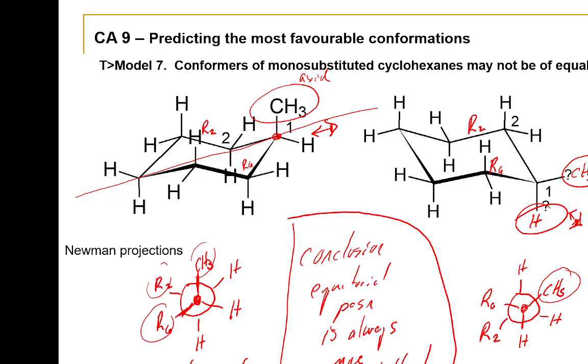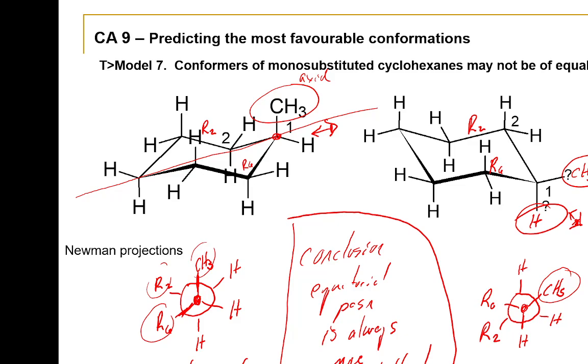And up until now, when we've been talking about this ring, we've been talking about how when it adopts the chair, it has less angle strain and it has less torsional strain. We really don't talk about steric strain until you start talking about the substituents that are on the chair.